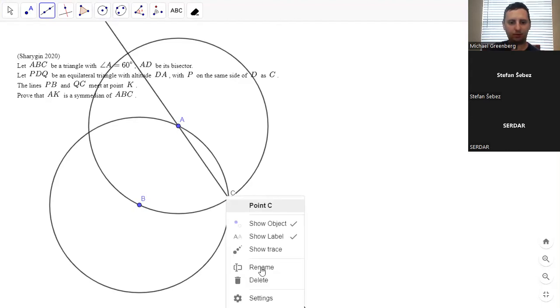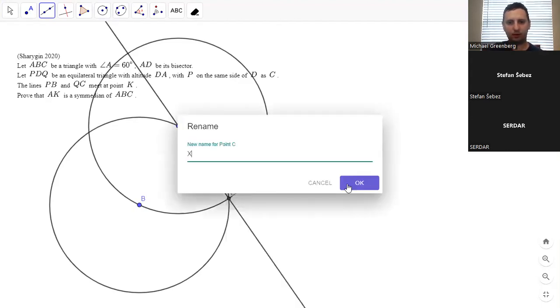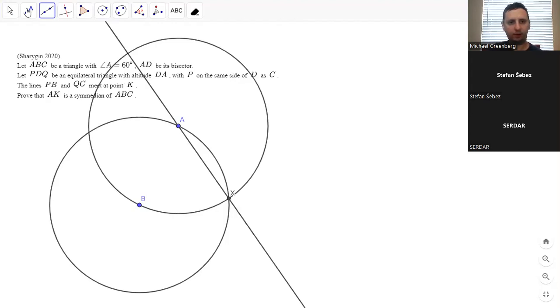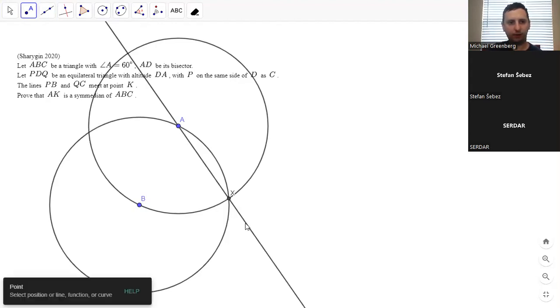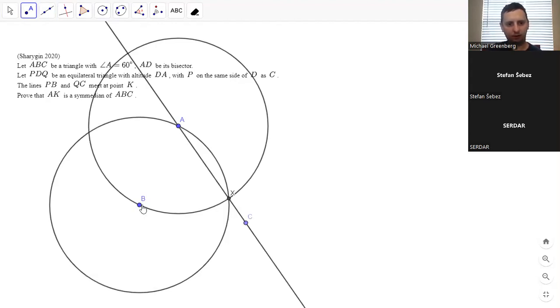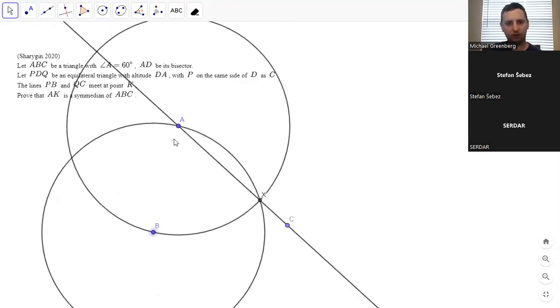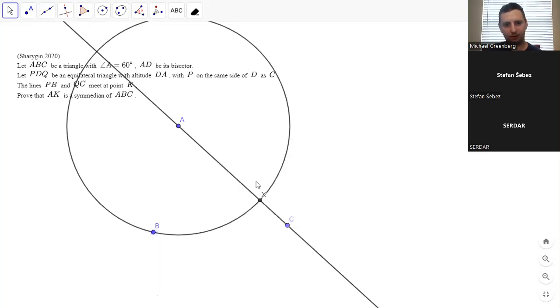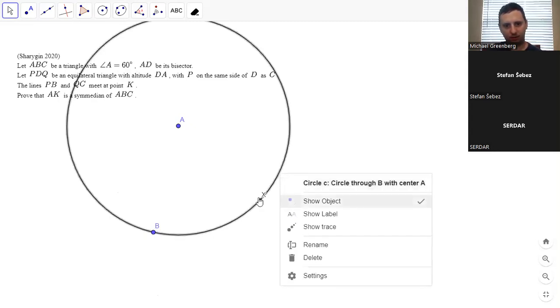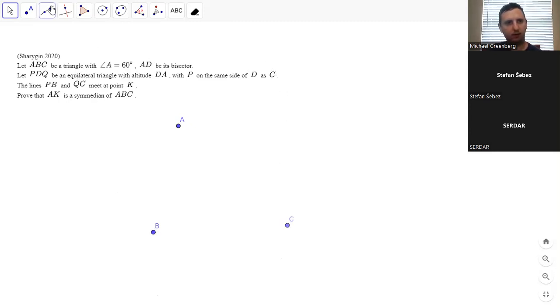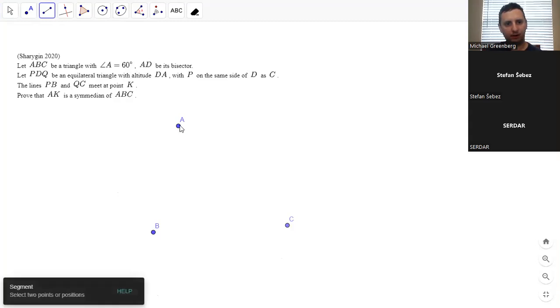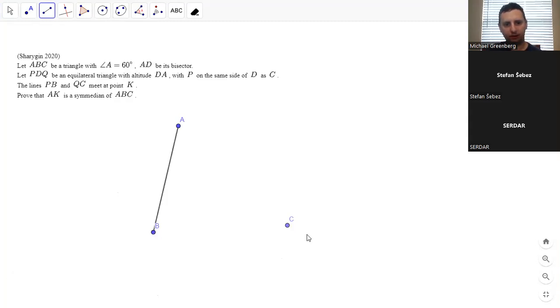Call this X. Okay, so we have a triangle ABC. Angle A is 60 degrees. AD is the bisector.